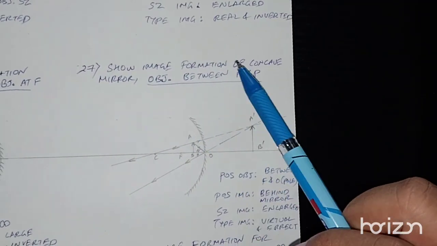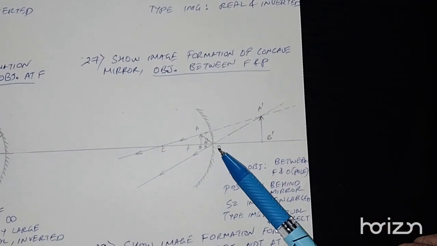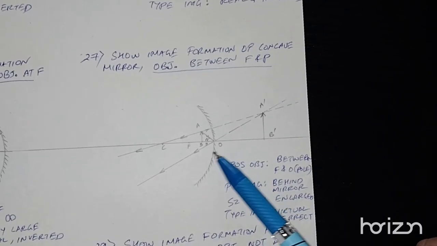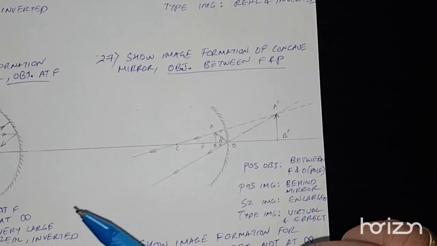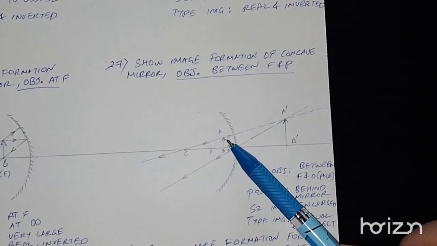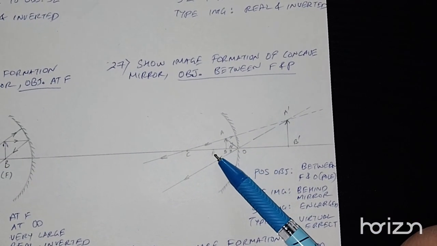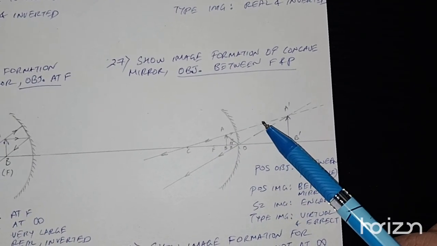Next question. Show the image formation of concave mirror when the object is between F and the pole. The pole is denoted by O here. So previously we had it at F, now we move it a little closer. If the object AB is kept between F and O, again you consider two rays.